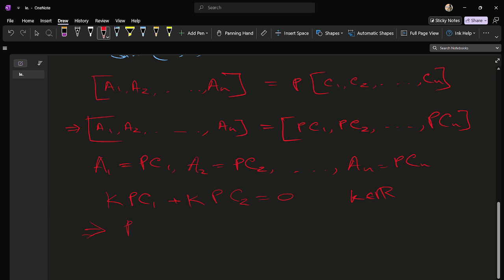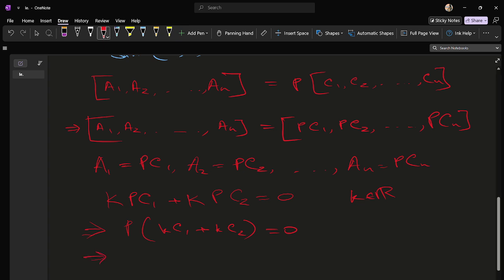So P will be outside, then we have K1 C1 and also K2 C2 inside. P cannot be 0, we all know that.